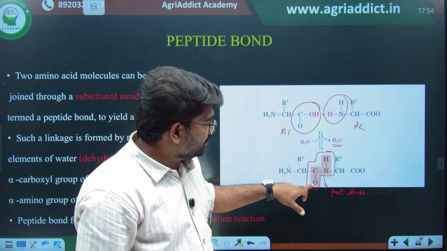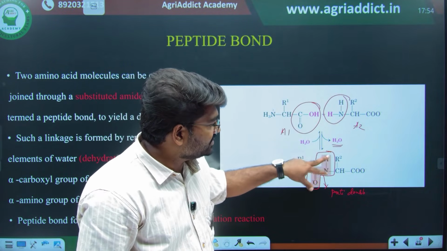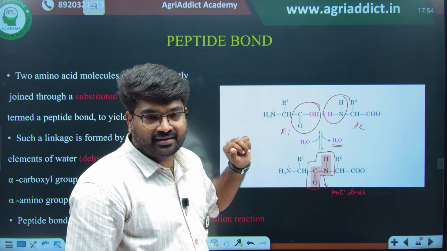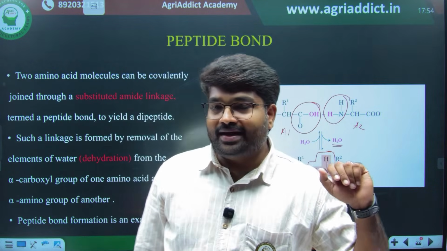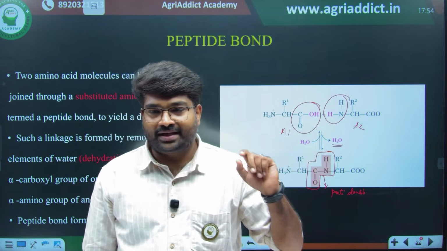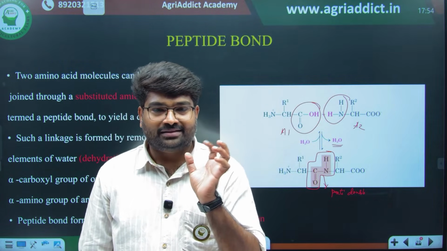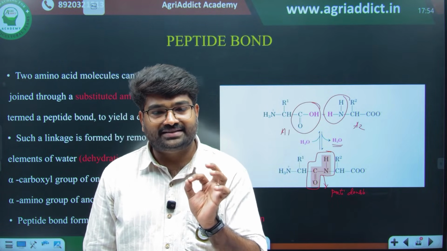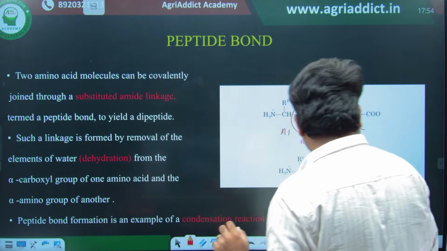The carboxy oxygen and amino hydrogen will always be on opposite sides. So the peptide bond is a trans bond. But in lipids or fatty acids, the double bond will be present in cis form. This also you have to remember.